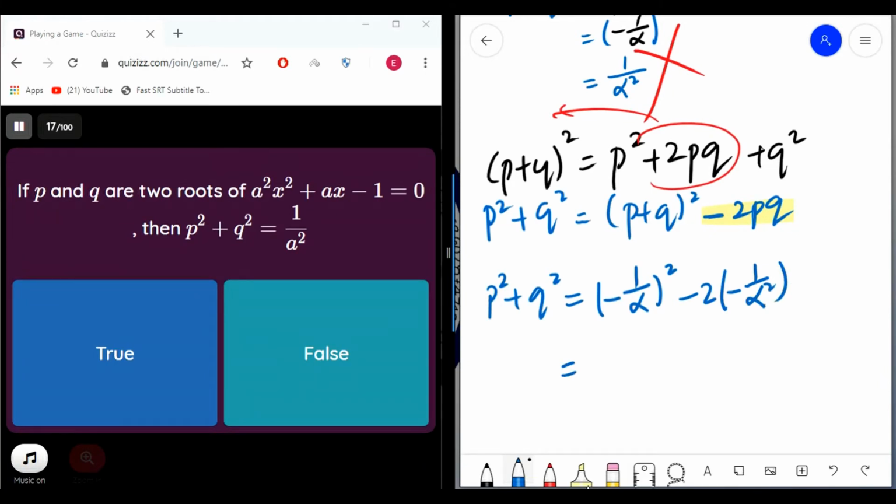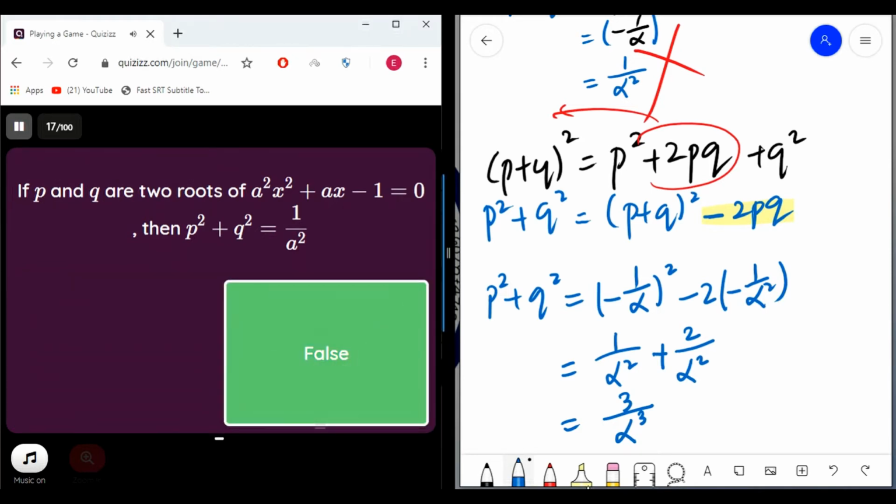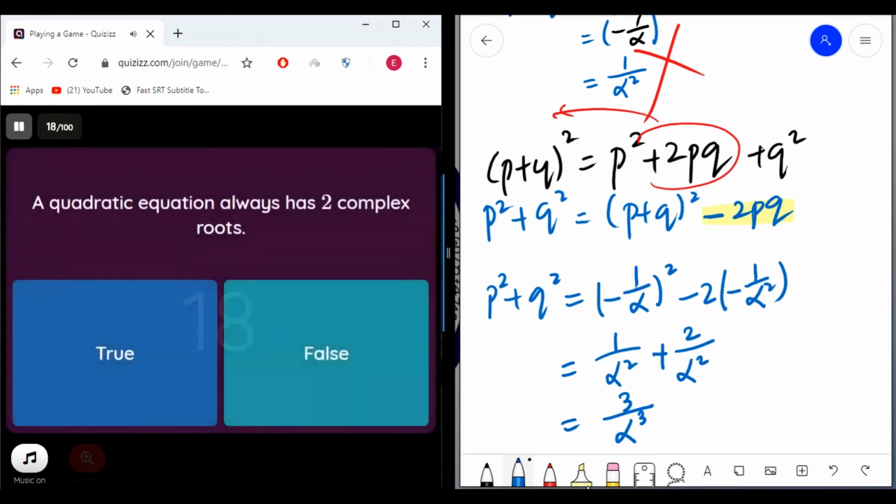So -1 squared becomes positive 1 over alpha squared, which is just alpha squared. Minus becomes plus, then 2 over alpha squared. Same denominator, combine the fraction. 1 plus 2 is 3 over alpha squared. This is the correct answer. The statement is false.